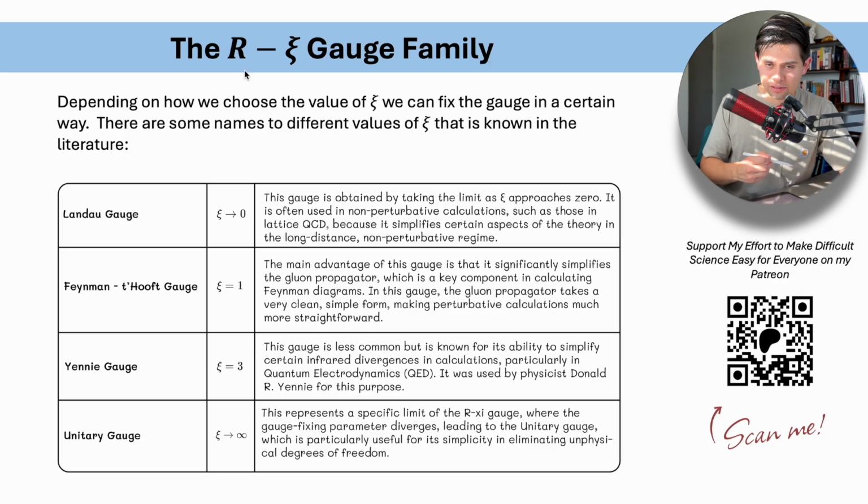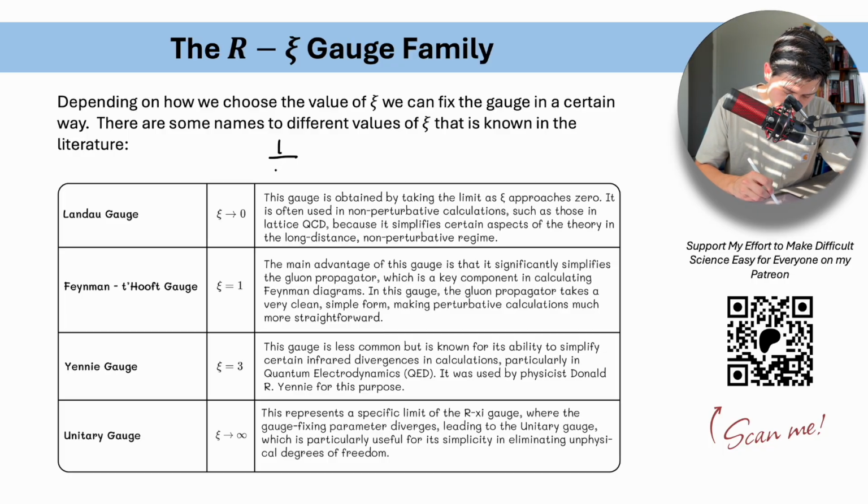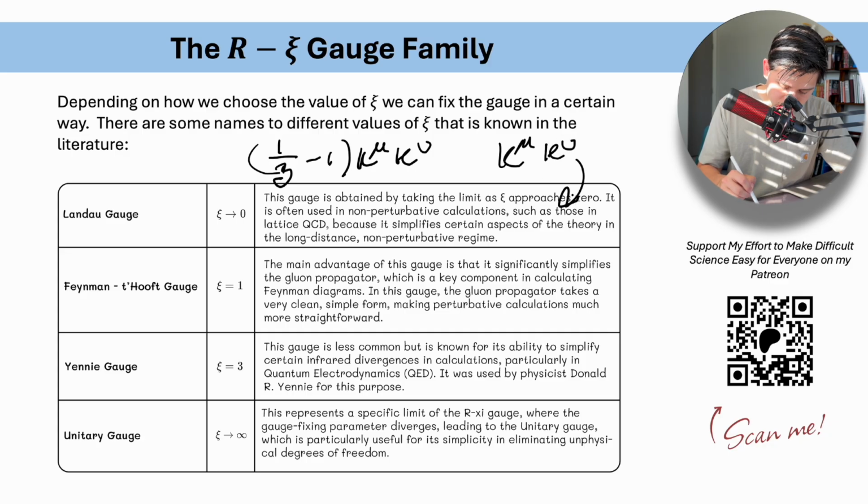So when chi is 0, our term we had was 1 over chi minus 1 times our k mu k nu term, right? So when chi goes to 0, we just have the k mu k nu part, right? So that's for this guy here.